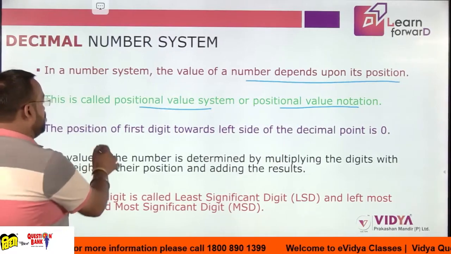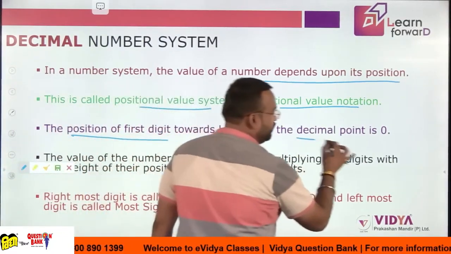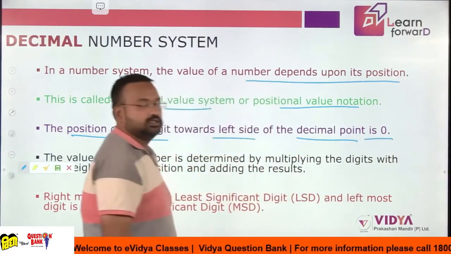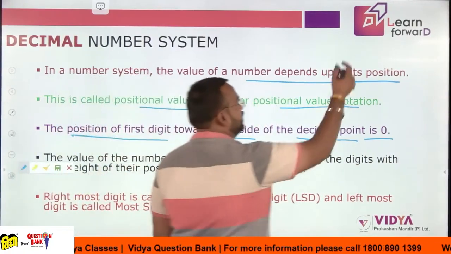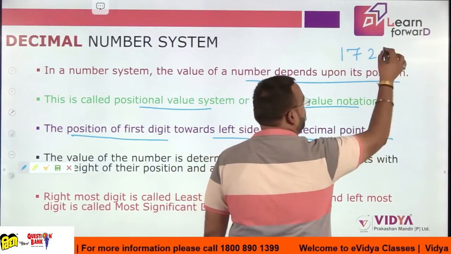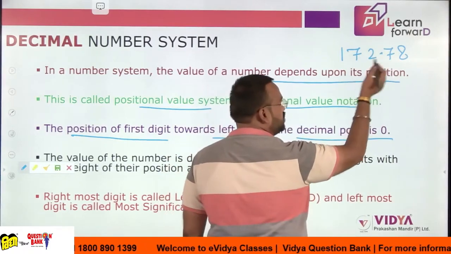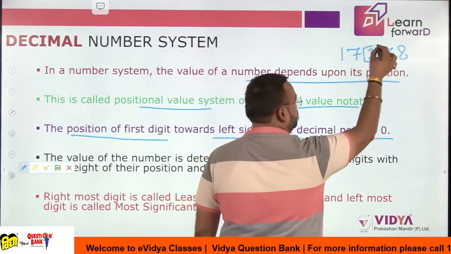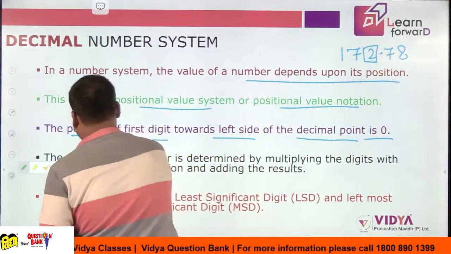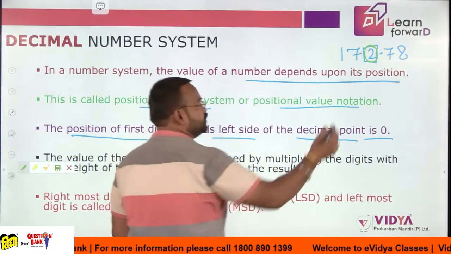The position of the first digit towards the left side of the decimal point is 0. Let's say we have a number and there is a decimal point like this. Towards the left side, this position would be your 0th position.